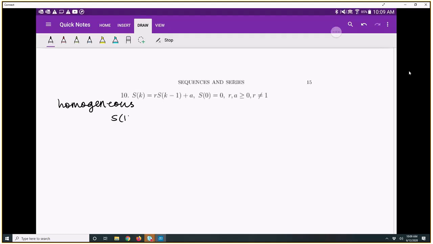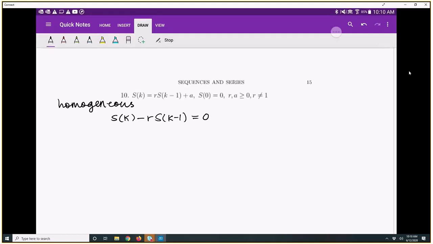So that would be S of k minus r times S of k minus 1 equal to 0. You can see I just subtracted this term over to the other side, which left the function on the right-hand side being a constant, but I'm looking at the homogeneous version, so I have equals 0.